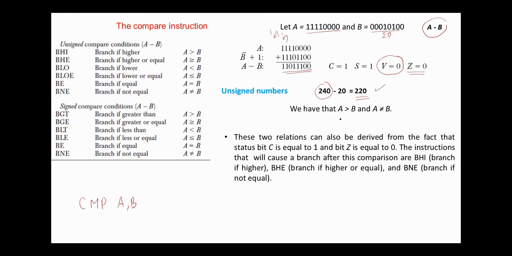Here we have that A is greater than B and A is not equal to B. These two relations can be derived from the fact that the status bit C is equal to 1 and Z is equal to 0. The instructions that will cause a branch after this comparison are branch if higher or equal, and branch if not equal.